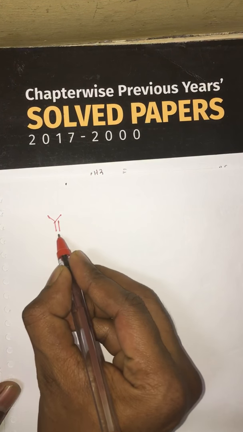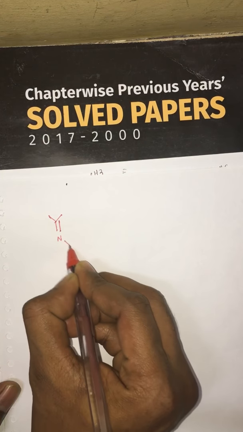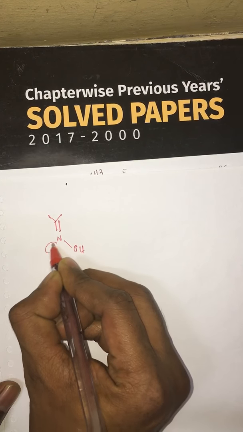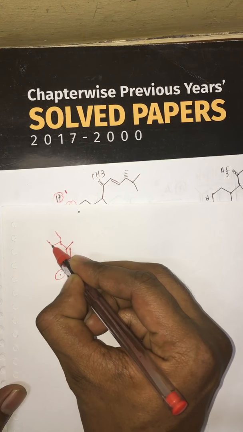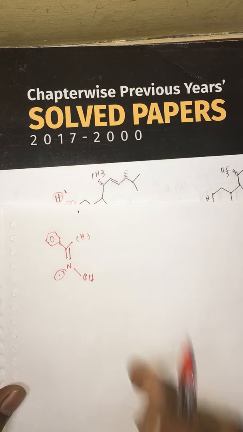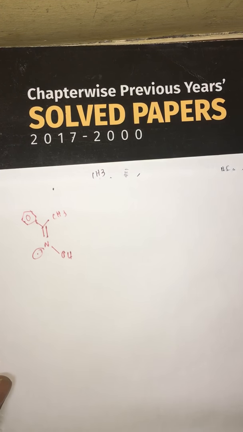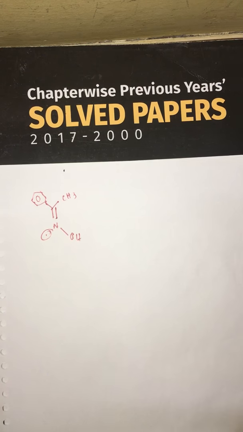So here we have N-OH, and here the lone pair is there, and here we have a benzene group and a methyl group. Now we will see the Beckmann's rearrangement for this compound.